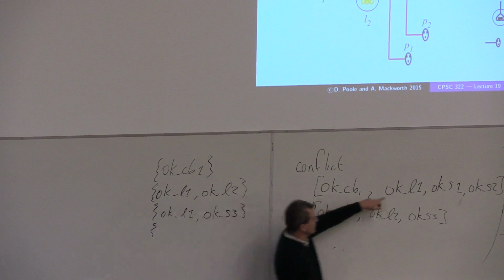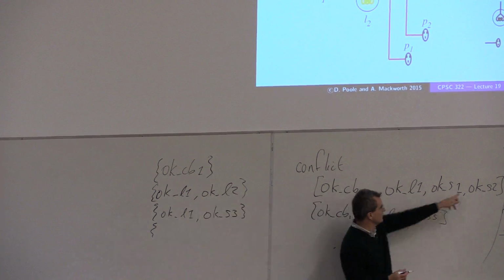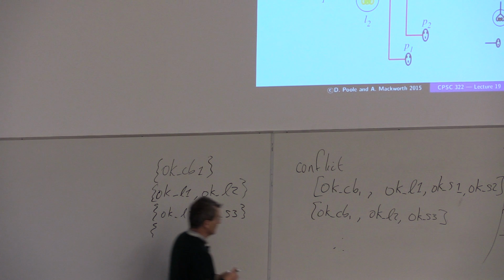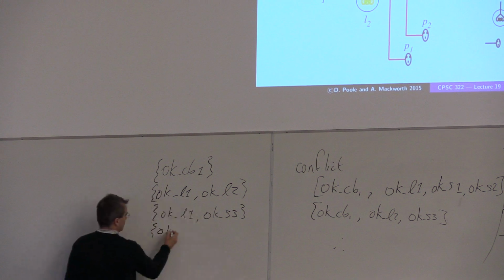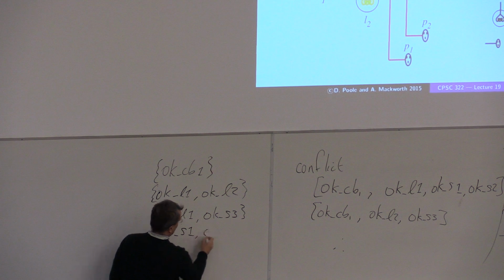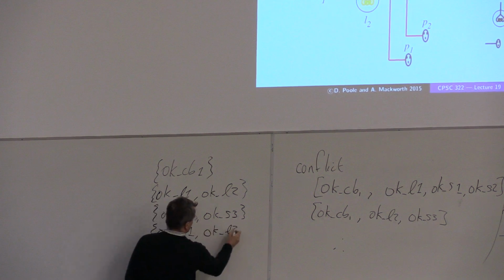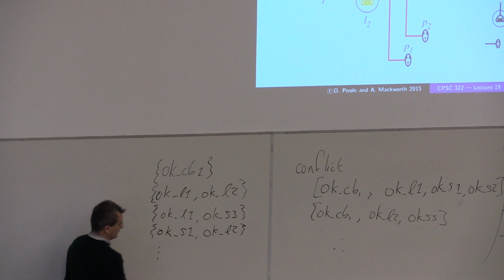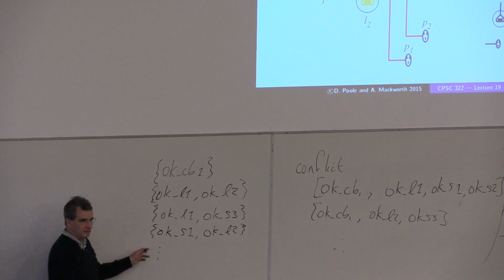So we can do this one with those two, this one with these two, and this one with these two. We can do OKS1 and OKL2. And how many more are there?